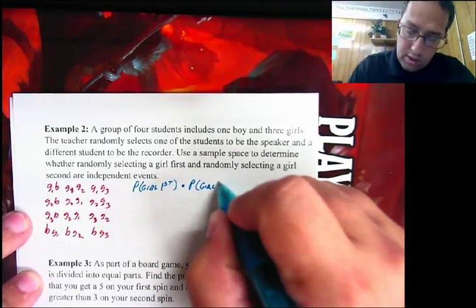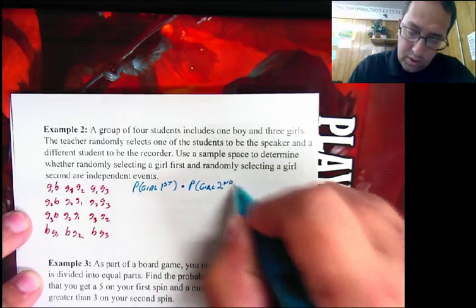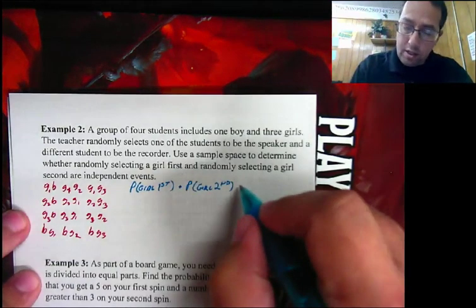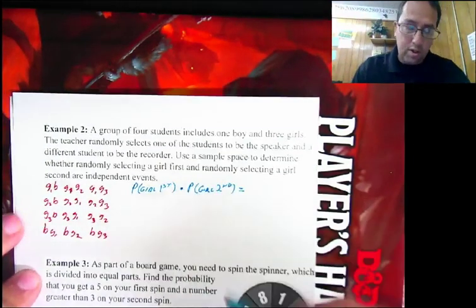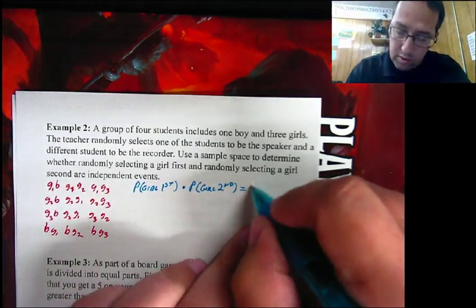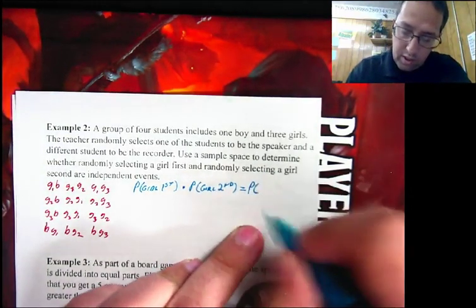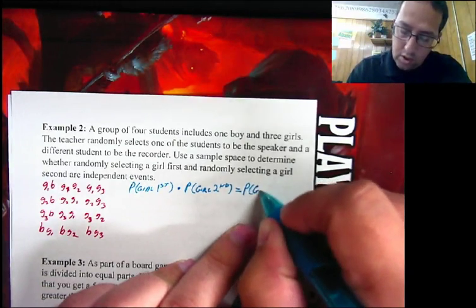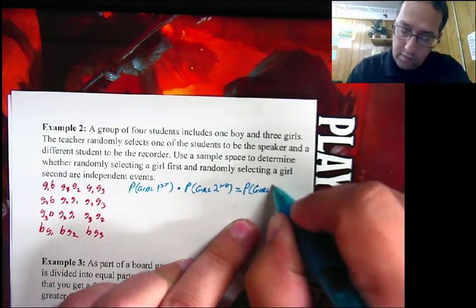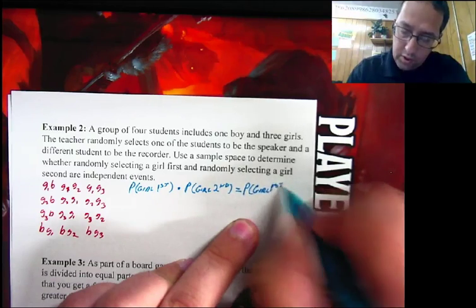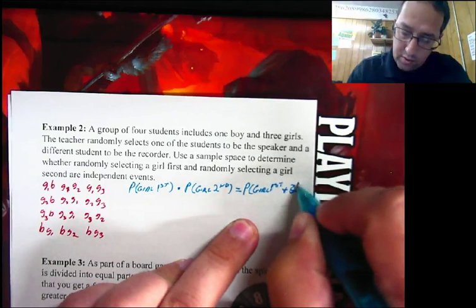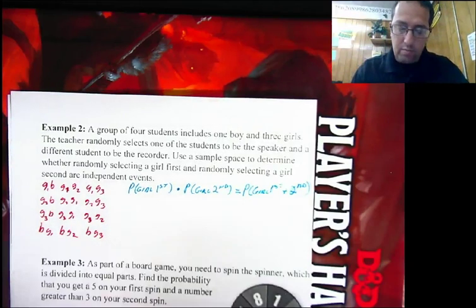If these are independent events, this will equal the probability of both, the probability that we have a girl first and second.